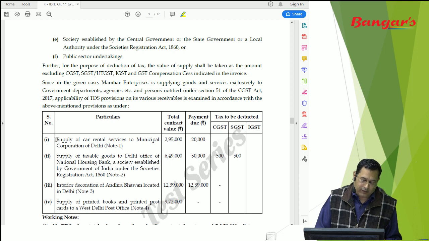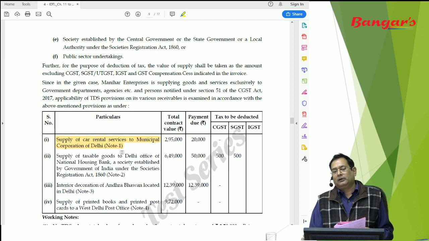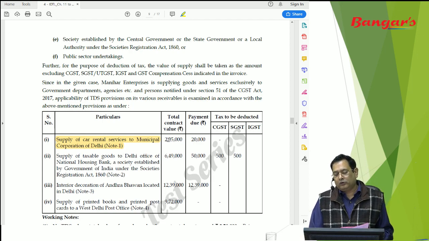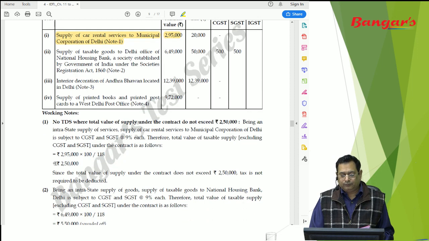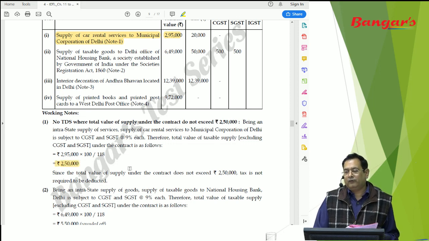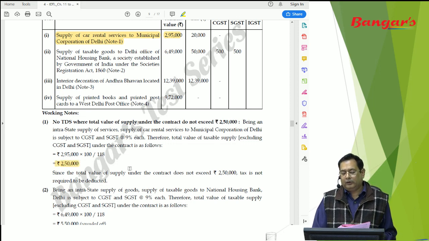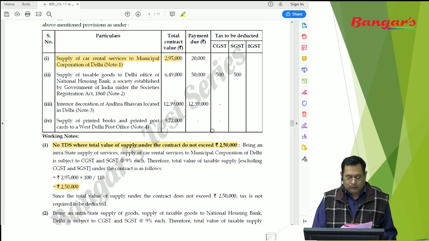So for supply of car rentals to the municipal corporation of Delhi, though the total contract value is 2,95,000, the total contract value excluding GST is 2,50,000. That is, the contract value does not exceed 2,50,000. Here, no TDS will be required. So the municipal corporation of Delhi won't be required to deduct tax at source.